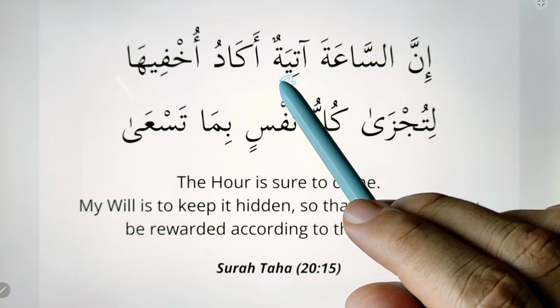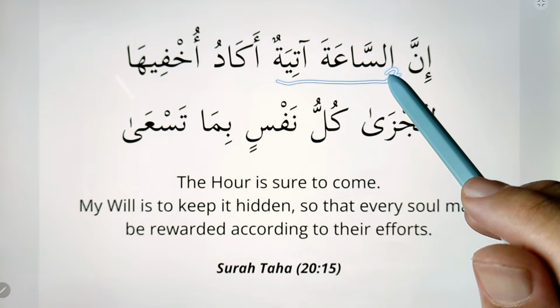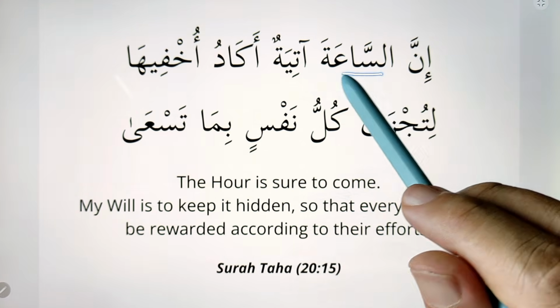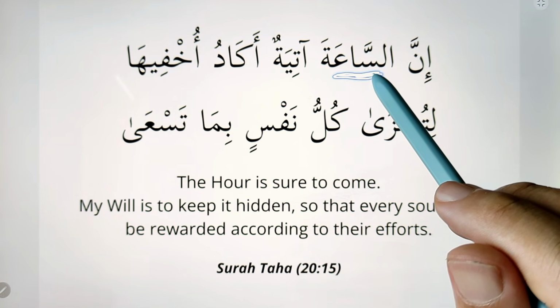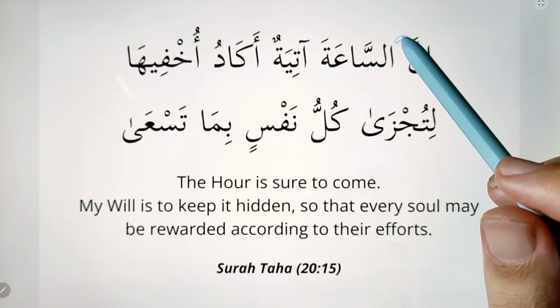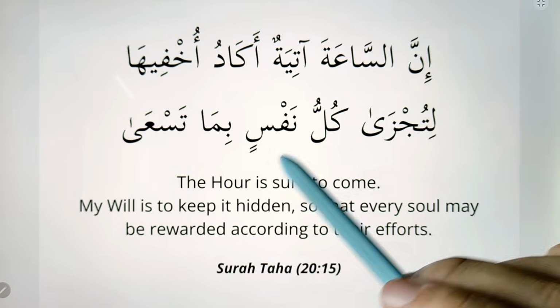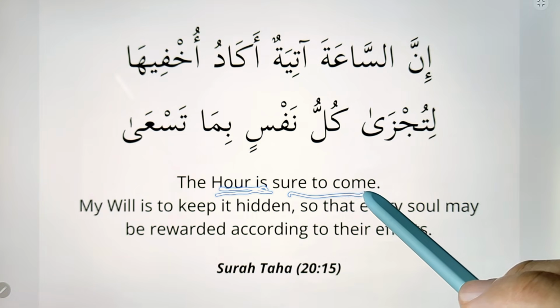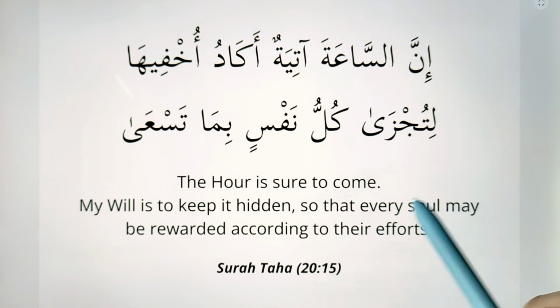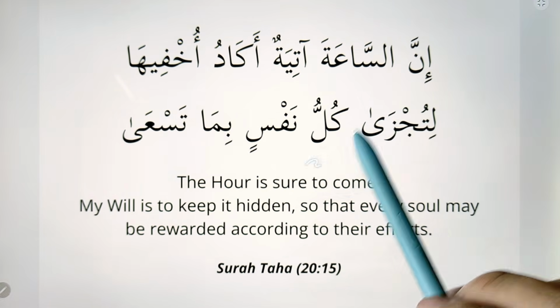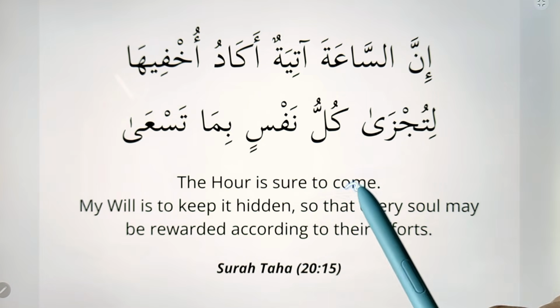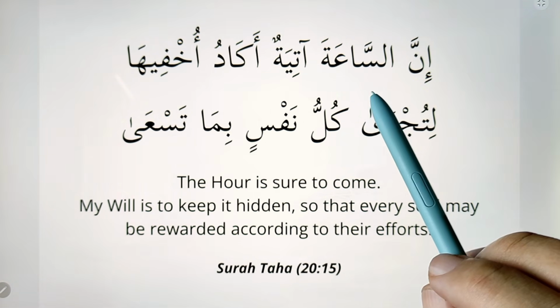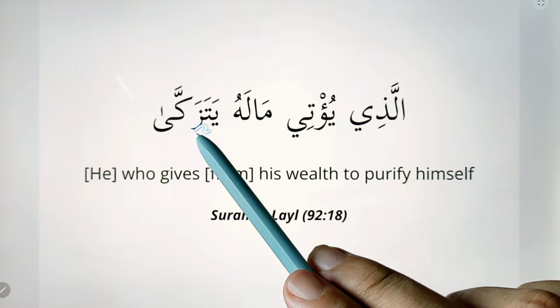This word often comes with the day of judgment or يوم القيامة or الساعة, the hour, another name of يوم القيامة. It often comes saying that the hour or the day of judgment is surely to come. The whole ayah says, the hour is sure to come. My will is to keep it hidden so that every soul may be rewarded according to their effort. Next example.